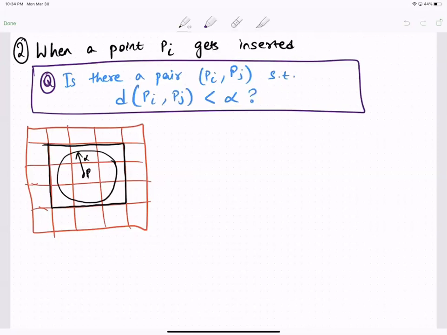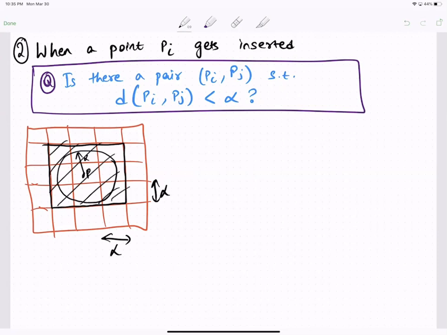Because we've drawn a grid with parameter alpha, if there is any point Pj which has a distance less than alpha, it has to lie in one of these 9 cells, which I'll be shading now.